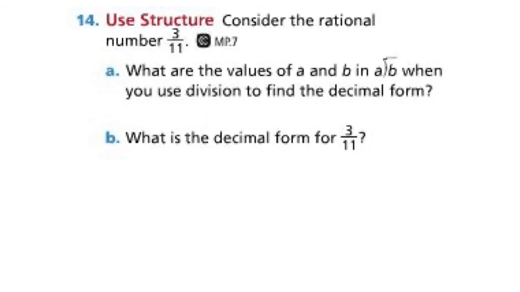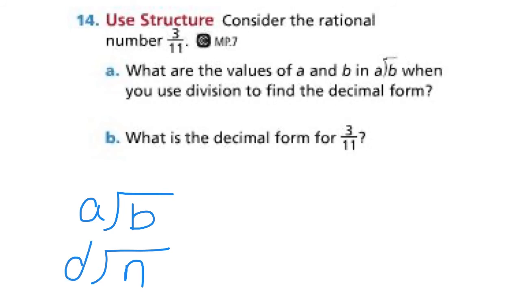Question 14. Consider the rational number 3/11. What are the values of A and B in B divided by A when you use division to find the decimal form? When we find the decimal form, you can go back to question 10 and see that B is in the numerator position and A is in the denominator position.